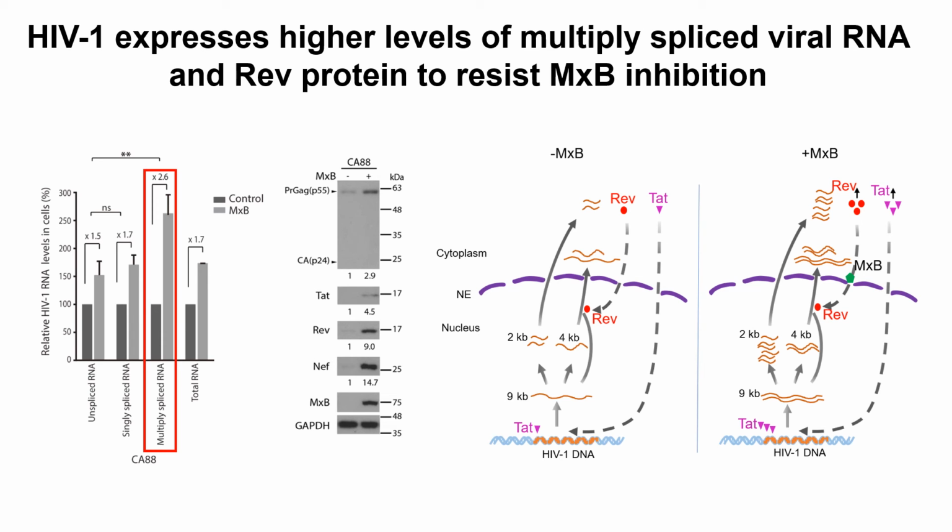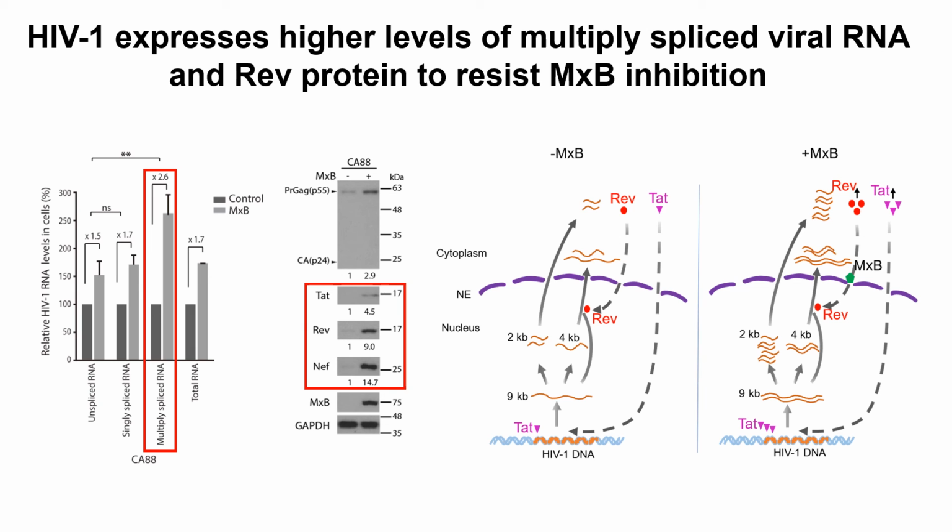We observed a significant increase of multiply spliced RNA in MxB expressing cells. Since multiply spliced RNA expresses Tat, Rev, and Nef, we performed Western blot to further confirm the dramatic increase of HIV Tat, Rev, and Nef expression in the presence of MxB. Based on this data, we propose a model.